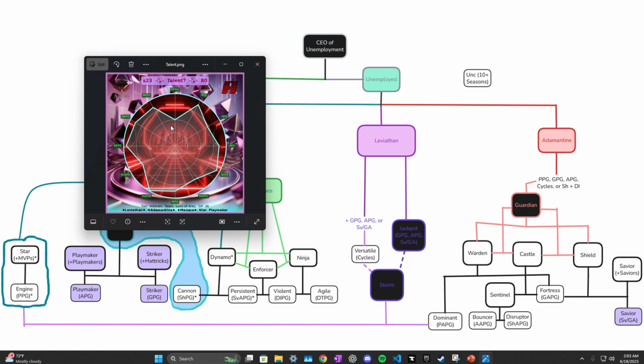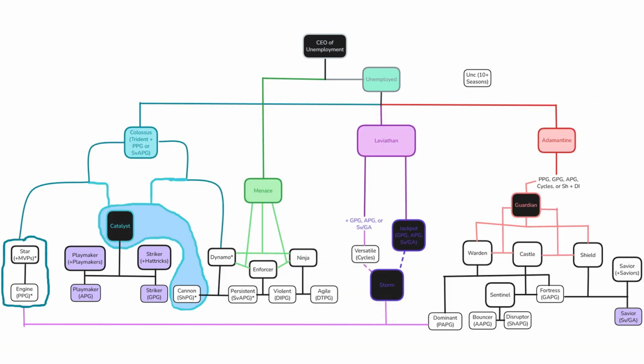So he's got both, really close to having all three, but it shows both of them. And then if you have Menace, it's not going to show up on its own as a background, but it's going to affect all of these little labels right here. But yeah, usually you see a pretty fleshed out shape for Leviathan. Well-rounded players, that's what that is.